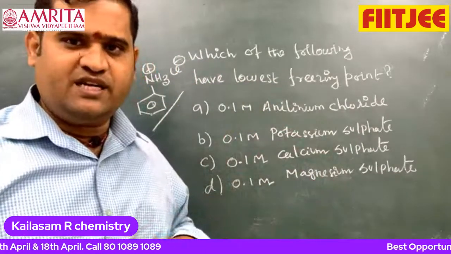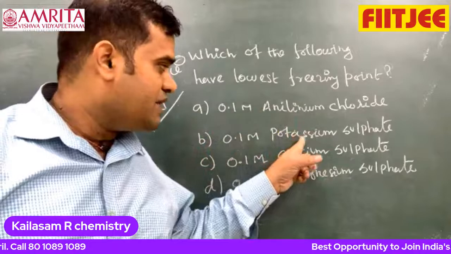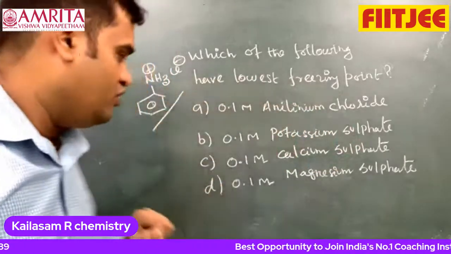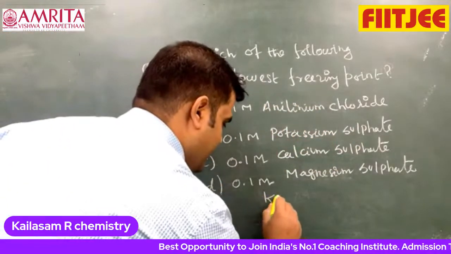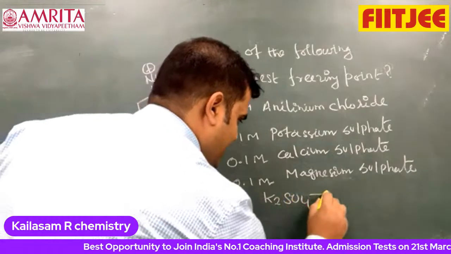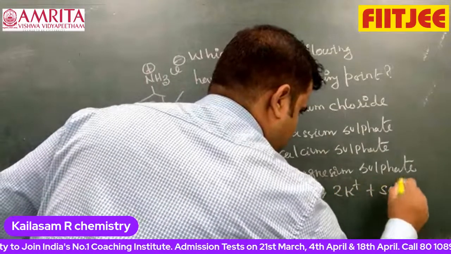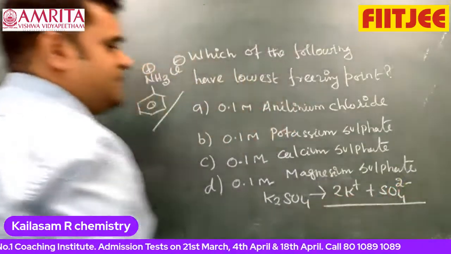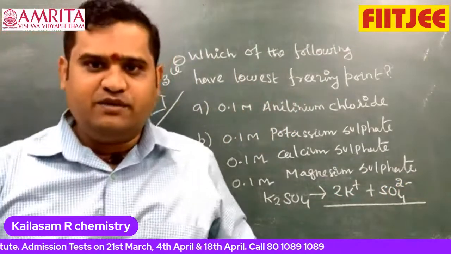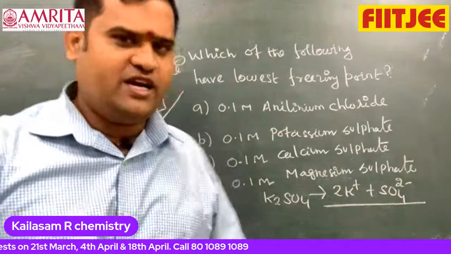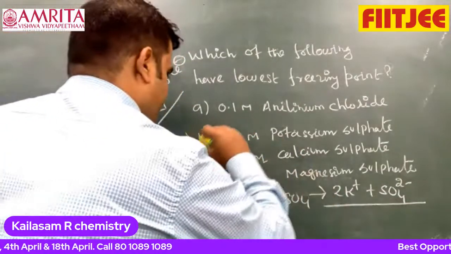Magnesium sulfate, i is 2. But potassium sulfate, K2SO4, we can say 2K+ and one SO4 2-, so i must be 3. Therefore, the answer is aluminum chloride.